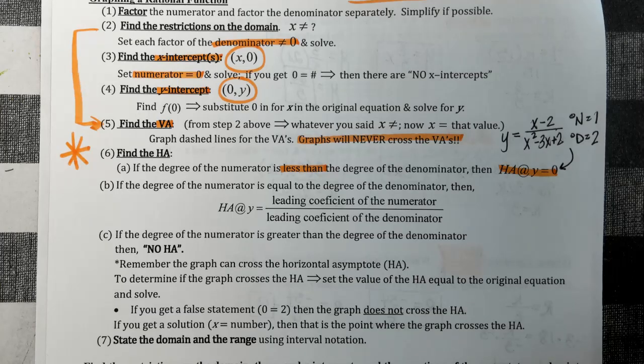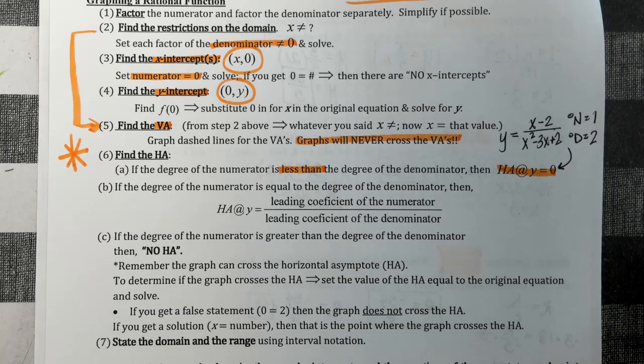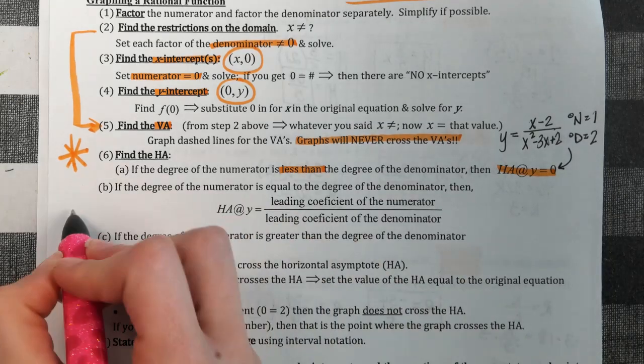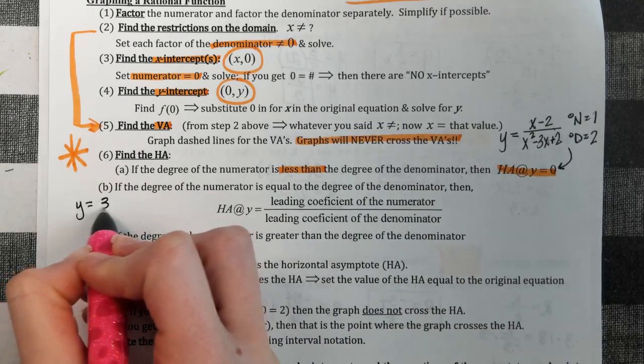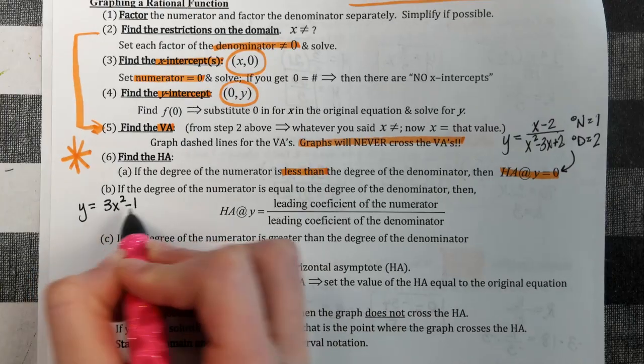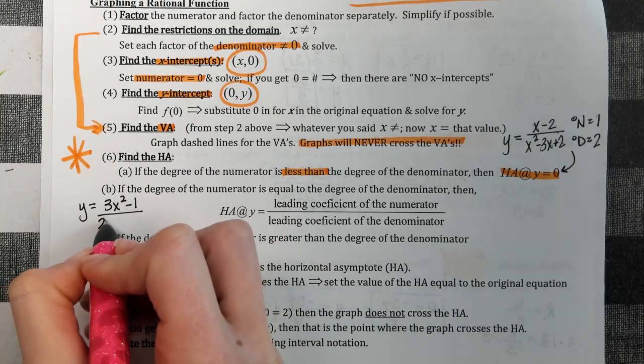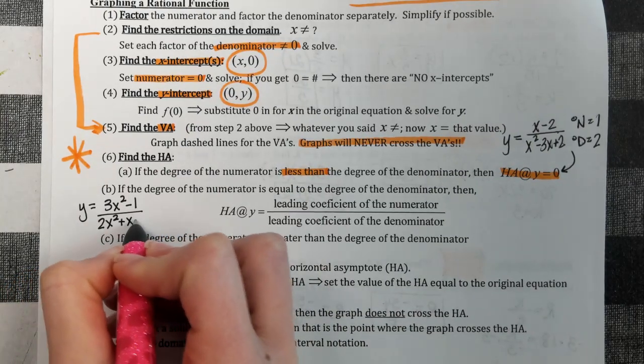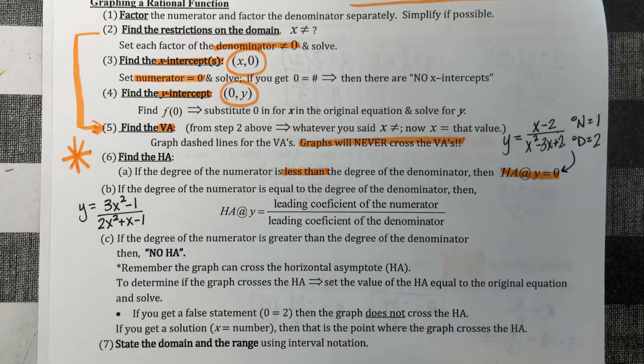Okay. Now, if the exponents, the degrees of the numerator and denominator, are equal, so something like y equals 3x squared minus 1 over 2x squared plus x minus 1.